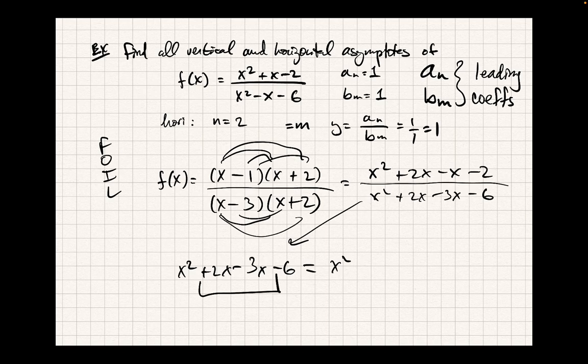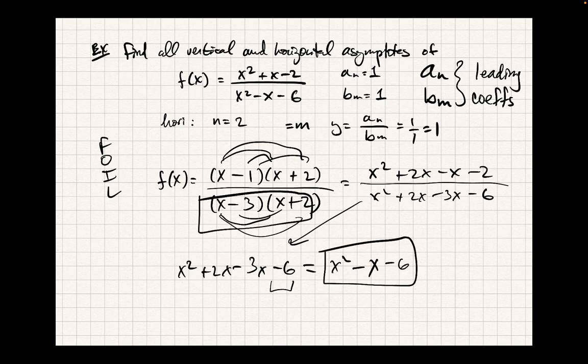So add them together, please. 2x minus 3x is minus 1x. Do I need to write the 1? No, the 1 is implied. And then how many constant terms do I have? Just one, minus 6. So did I successfully factor my denominator? Yes.